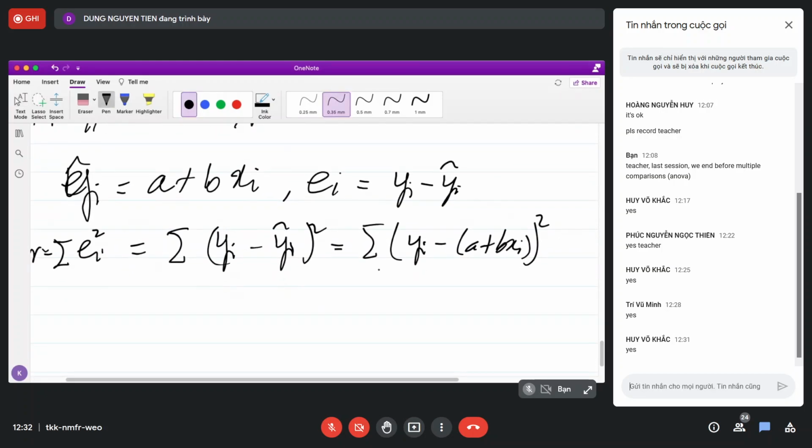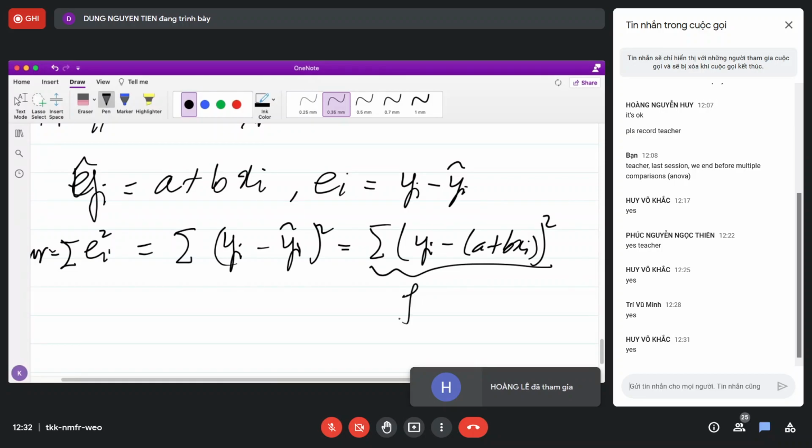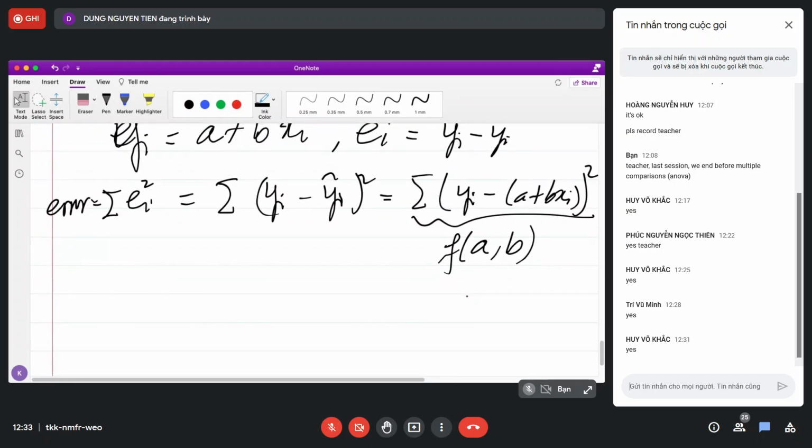And you see that this expression has two variables involved, right? A and B. xi and yi are given. The two variables that you don't know are A and B. So I will denote it by f of A and B. Is that clear? Then you can differentiate that f with respect to A, and you let it be 0.